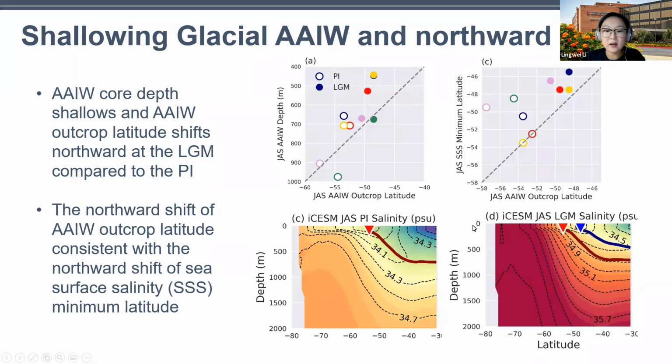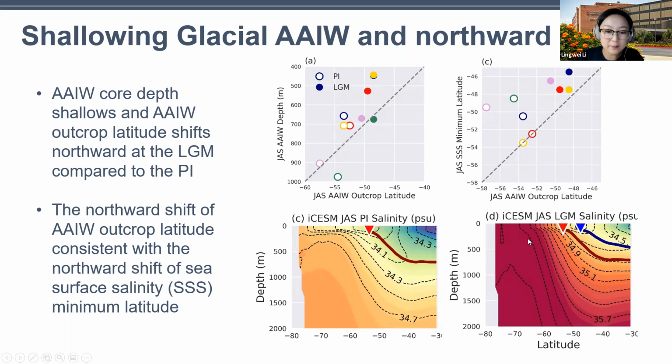We can also see shallower AIW from two physical plots at bottom, which have salinity contours at the PI and LGM in dashed lines. The markers here refer to the sea surface salinity minimum, and those thick lines are AIW isopycnals. Red is for the PI and blue is for the LGM. Clearly, we can see that the AIW as well as the sea surface salinity minimum is moving northward at the LGM.